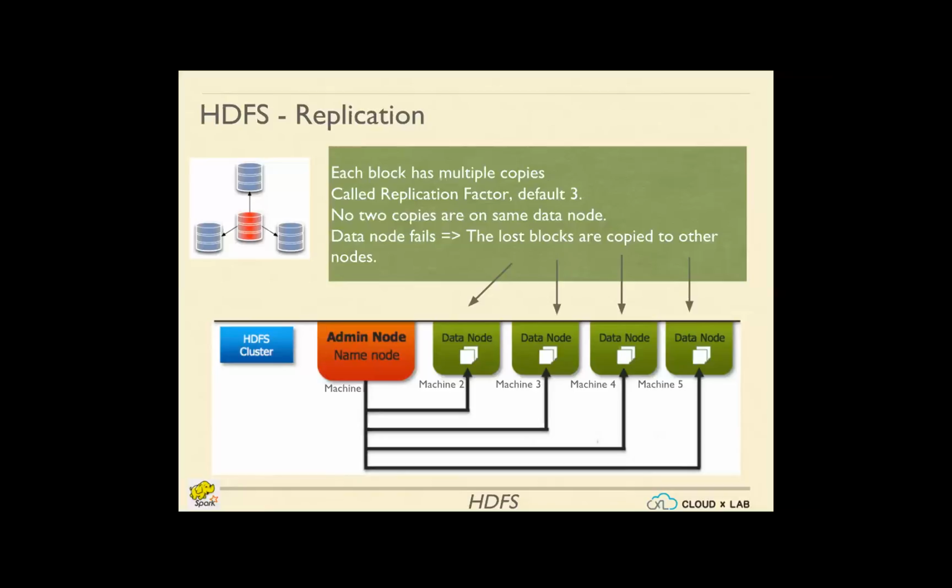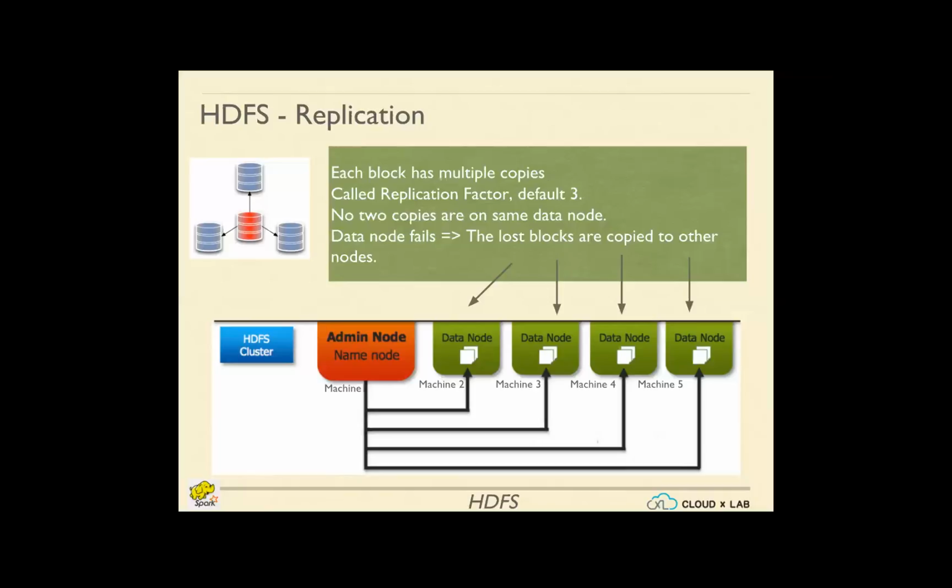Okay, Sahida's question is, why 3, why not 2? Anybody can answer that question. Usually we keep a backup of 1, right? We have the data, we take a copy of this, and that's it. But why do we have 3 here? Because this system is far more prone to failures, because one file is broken into many blocks.